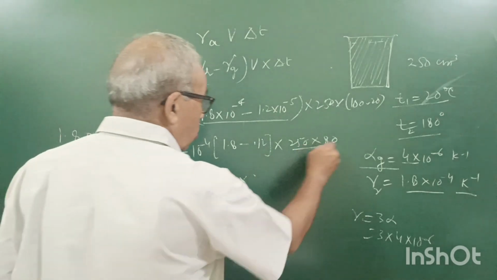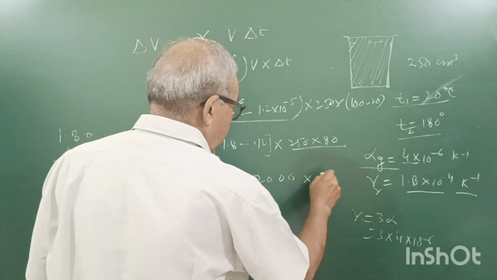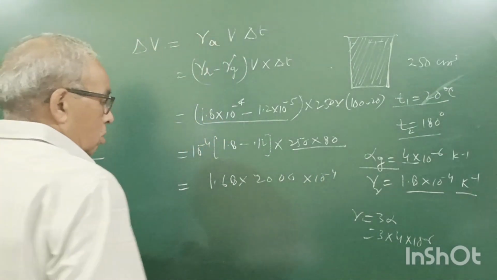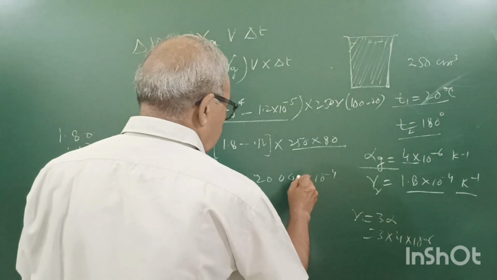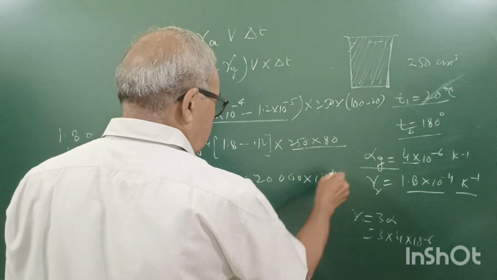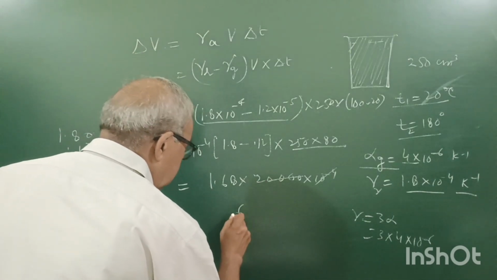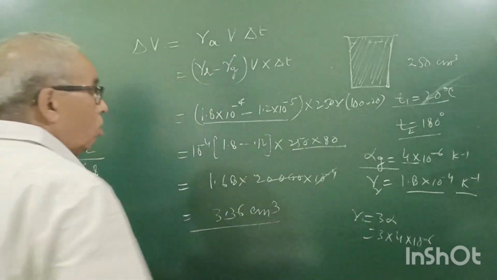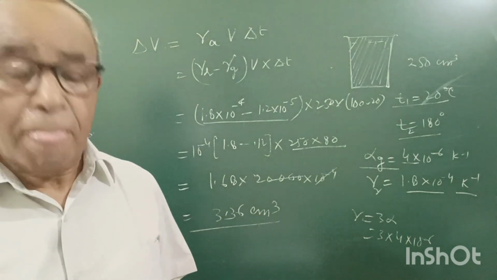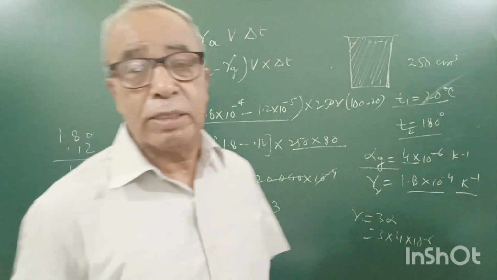Into this is how much, 20 or 200, times 10⁻⁴. This 4 cancels, and then 2 times 8 is 16, and 3. So about 33 centimeter cube of mercury will come out of the container. This is a very good question based on apparent expansion.